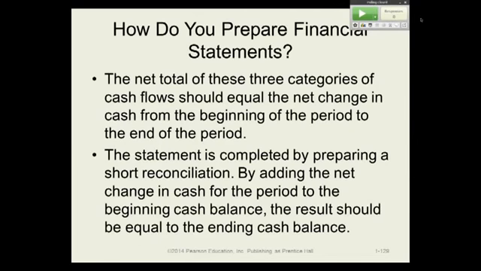So basically, when you say the change, that's either your increase or decrease. When you add the beginning balance, it gives you the ending cash balance.